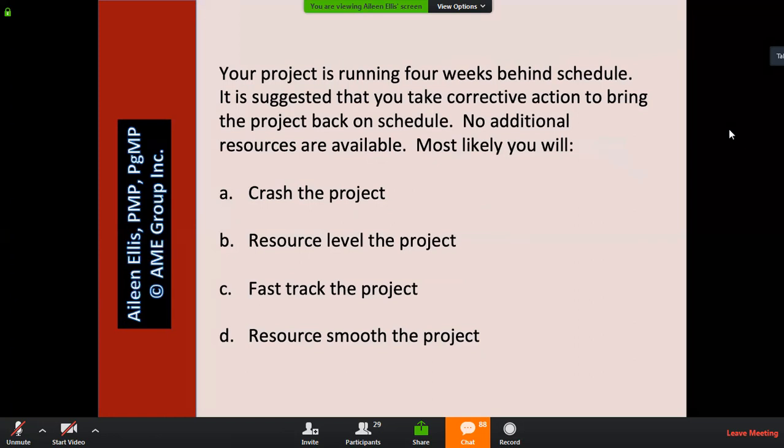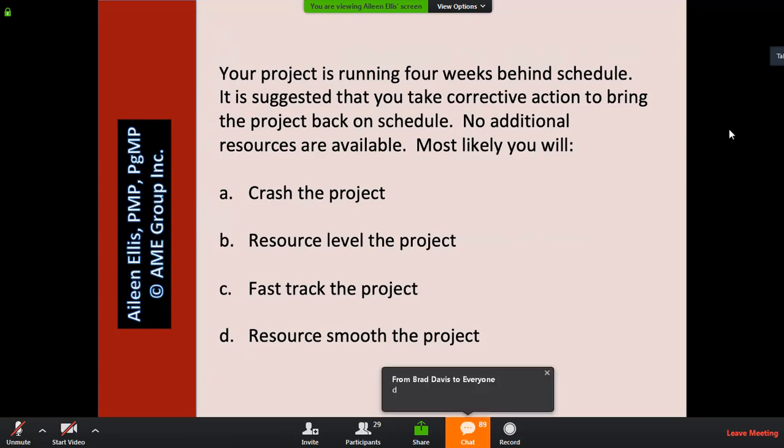Your project is running 4 weeks behind schedule. It is suggested that you take corrective action to bring the project back on schedule. No additional resources are available. Most likely you will... So go ahead, type your answer into the chat.